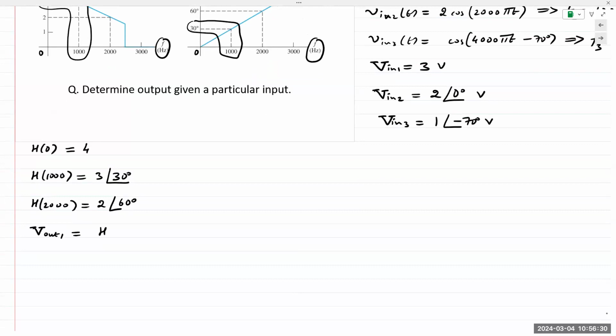So V out 1 is H of 0 times V in 1. That would simply be 4 times 3, 12 volts. It's being increased by a factor of 4. V out 2 would be H of 1000 times V in 2.